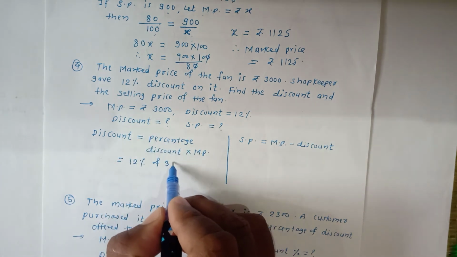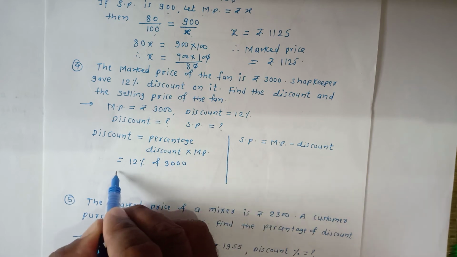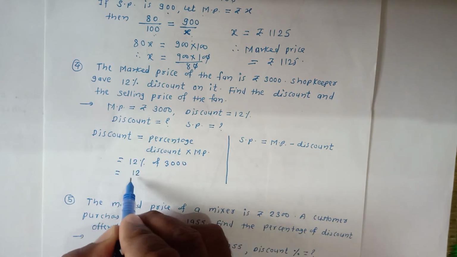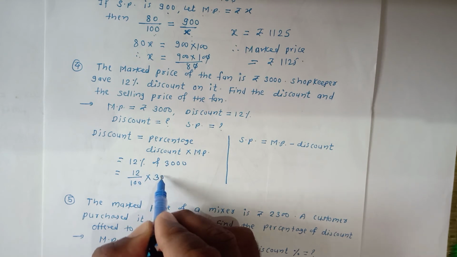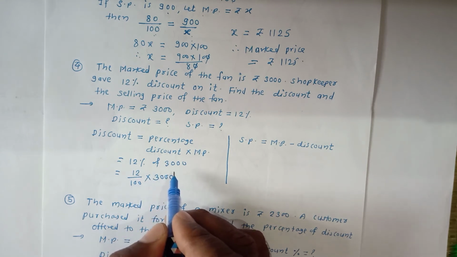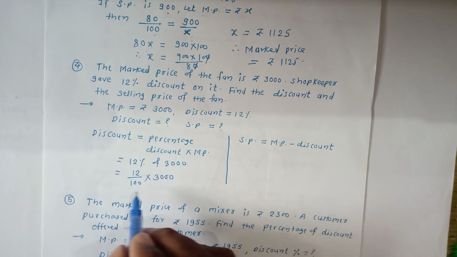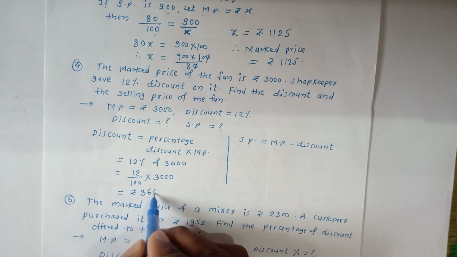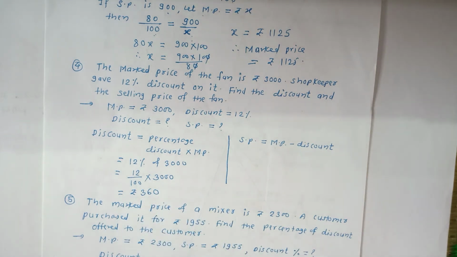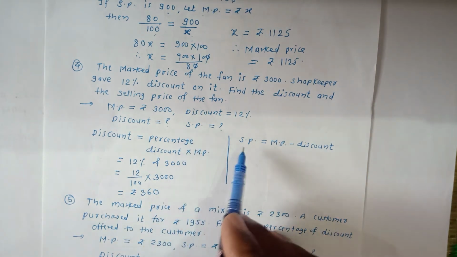MP is 3000. 12% means 12 upon 100 into 3000. So if we calculate this value, then we get rupees 360 here.